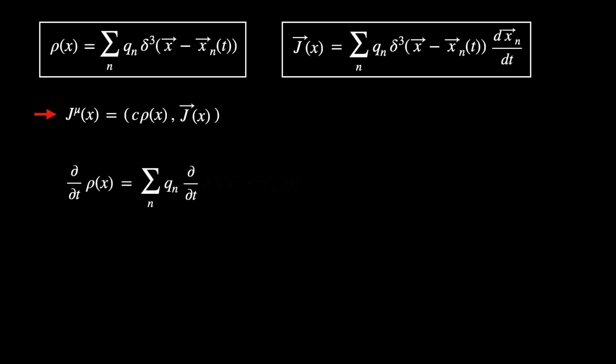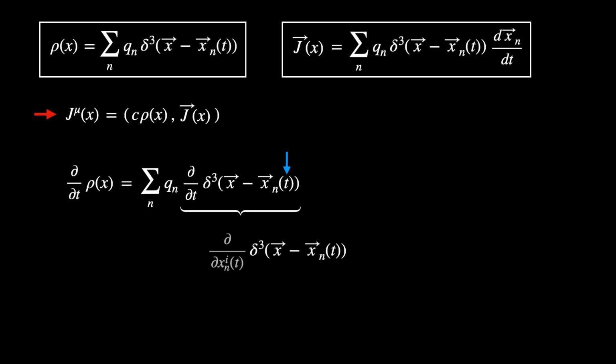The only place for this time derivative to act is in the arguments of the particles' trajectories. We can use the chain rule. Notice that this derivative is just equal to the negative of the derivative with respect to x, since they both appear in the same way in the argument of the delta function, except for a relative minus sign. This gives the result.